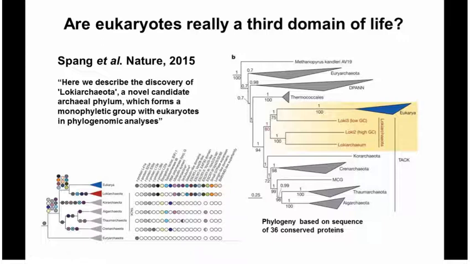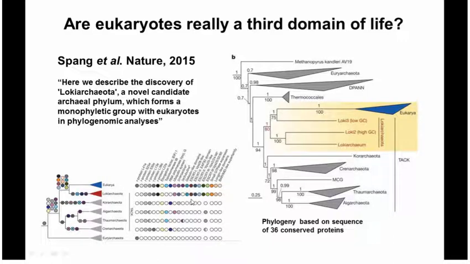They're essential for forming complex membrane-bound structures inside the cell. So no other types of bacteria have these proteins, but the Loki archaeota have the genes for them. Okay? They have the ubiquitin system, also specific to eukaryotes.